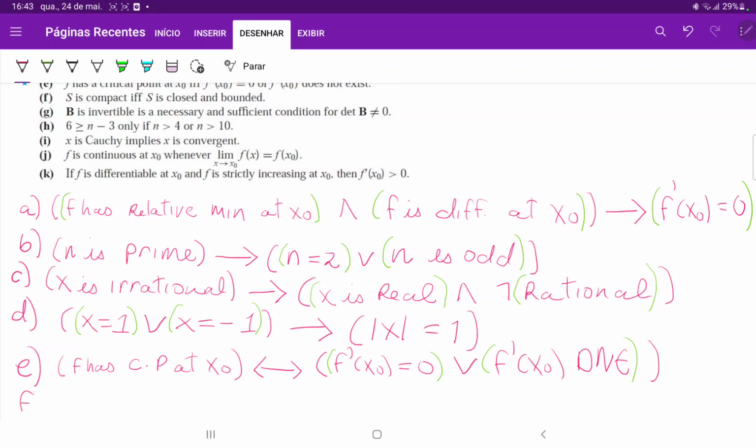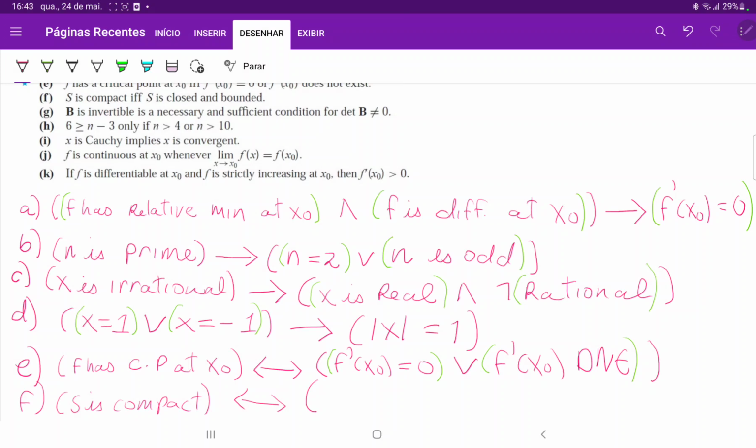So for F, we have a biconditional, and we're going to say S is compact is our P. So S is compact if and only if, so double arrow, right? And now we have S is closed and bounded.